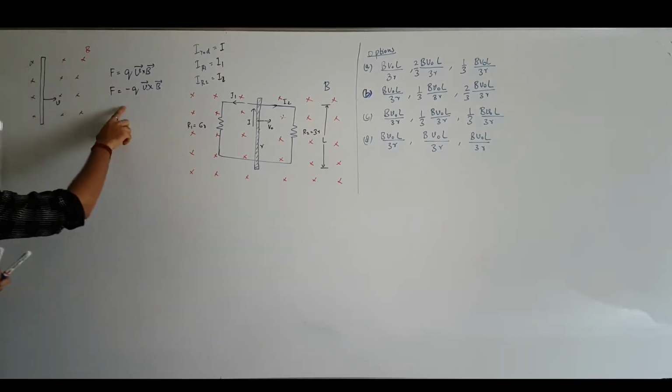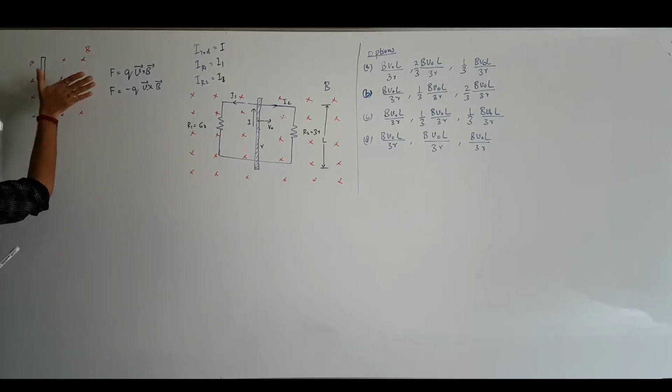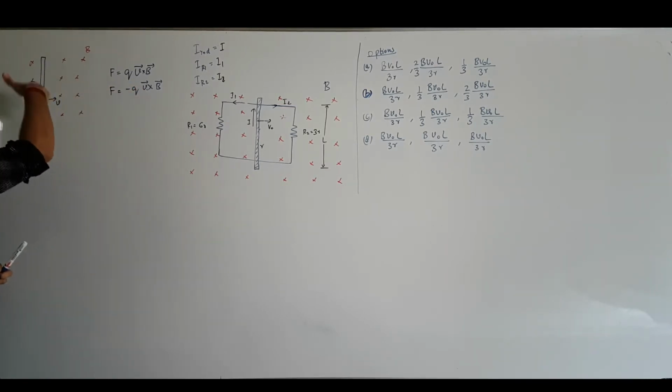As per this, the positive charges will be experiencing a force. Since it is V cross B, when I use the right hand rule, the velocity is like this and the magnetic field is going into the board. So the positive charges will experience a force upward and the negative charges a force downward.